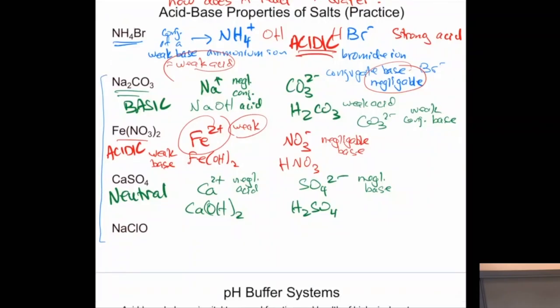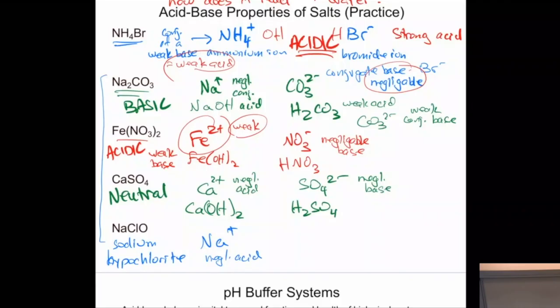Sodium ions. This is sodium hypochlorite, for those of you who don't remember your oxo halogens, whatever they're called. So the sodium ion, we already know that's going to be weak, negligible. This is a negligible acid.